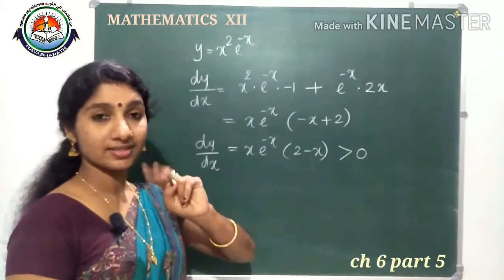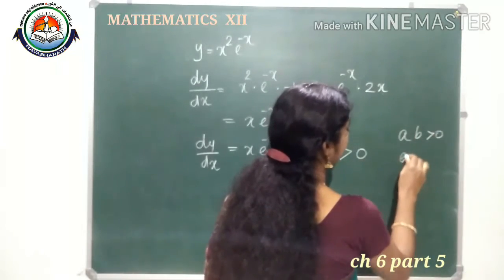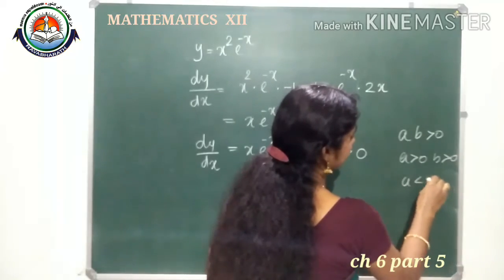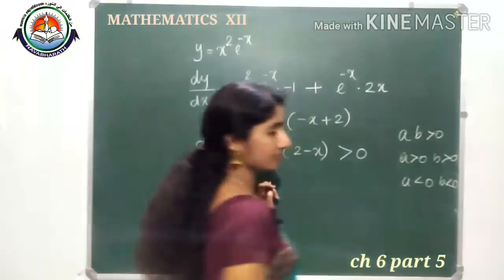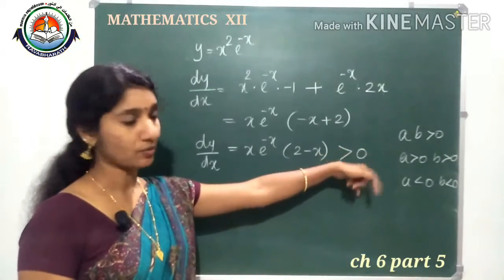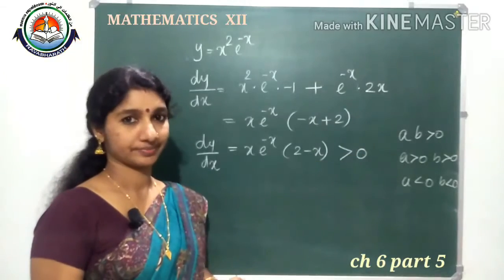Two numbers, product greater than 0 means what? A into B greater than 0 means either A greater than 0 and B greater than 0, or A less than 0 and B less than 0. Both positive cases we will get product as positive, both negative cases we will get product as positive.